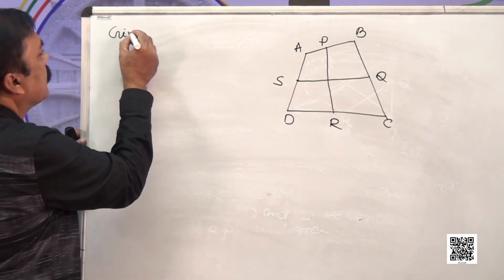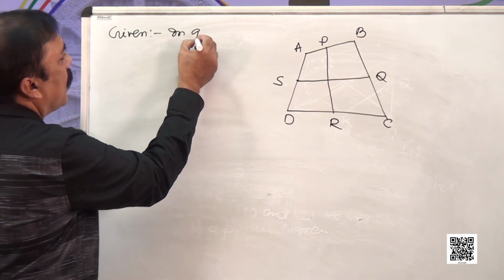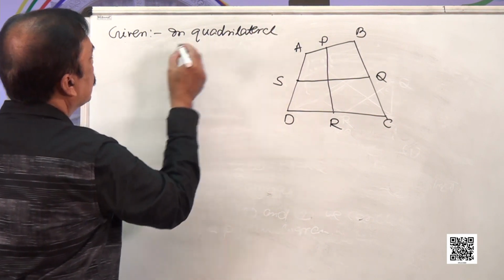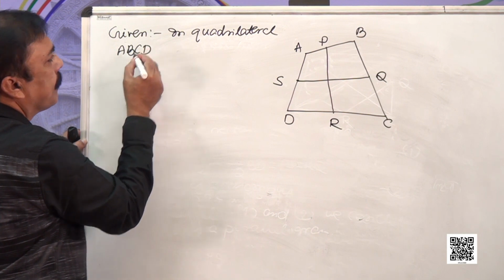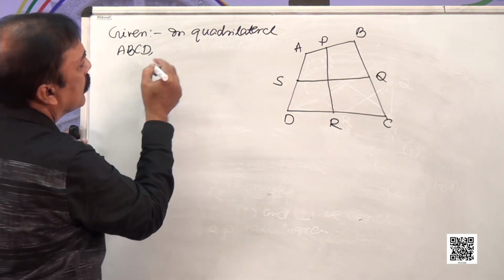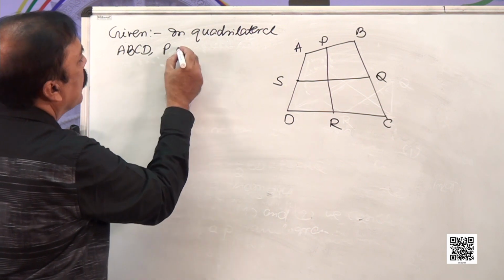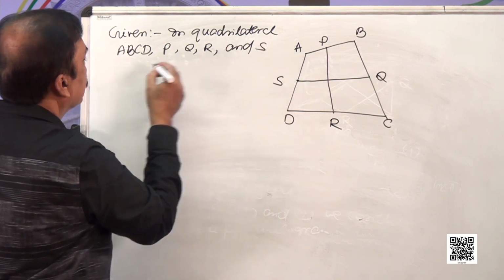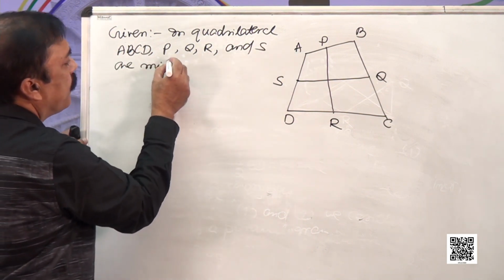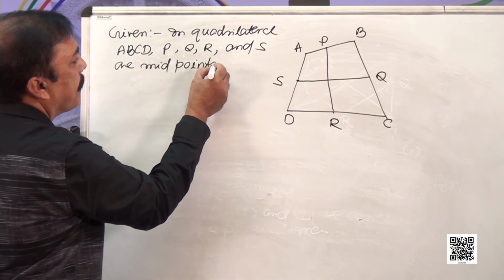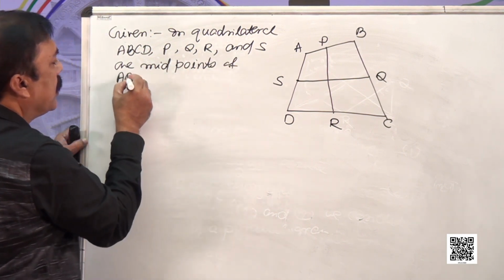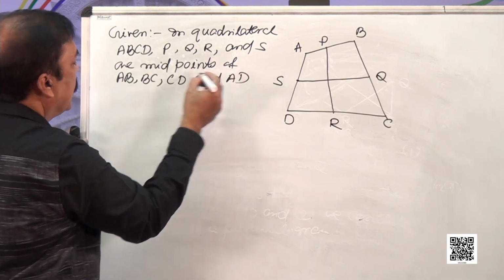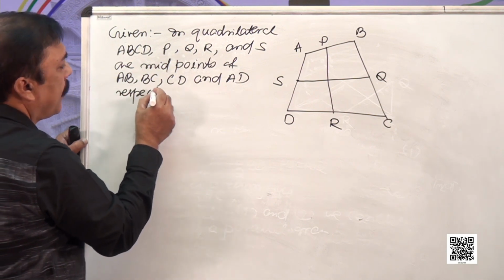So given, in quadrilateral ABCD, P, Q, R and S are midpoints of AB, BC, CD and AD respectively.